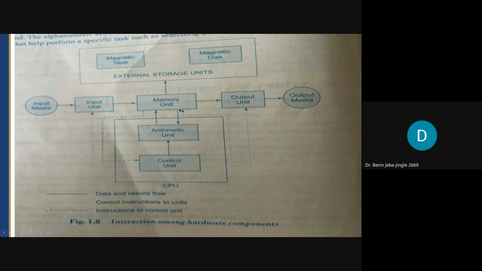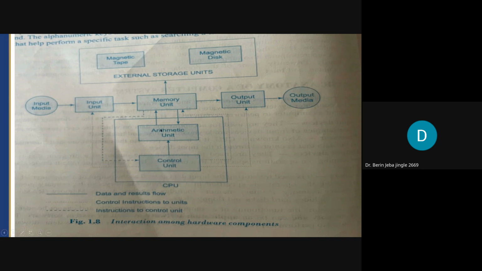From the memory unit, it is transferred to the output unit, and from the output unit, it is transferred to the output media. Output media means monitor, printers, scanner, everything through which the user receives the output, that we call the output media.